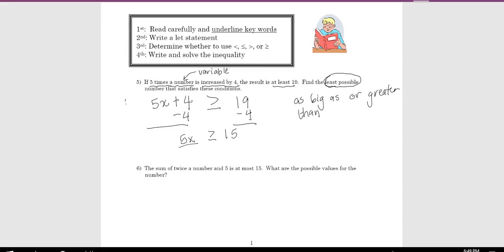And then to get x by itself, divide both sides by 5. And x is greater than or equal to 3. So the smallest number x can be is 3. It has to be bigger than or equal to 3. Can't be smaller than that. So that's how you do these problems.